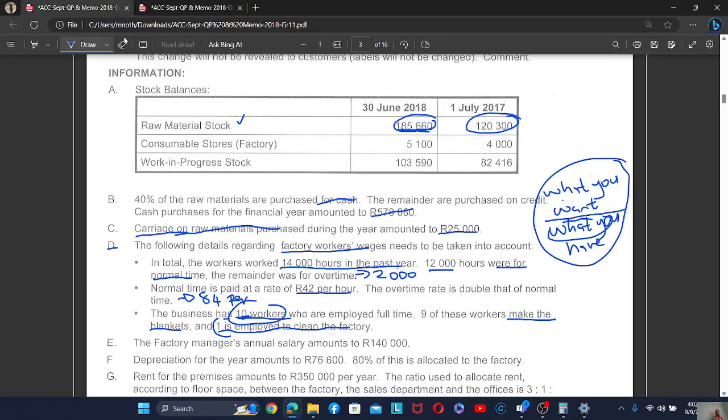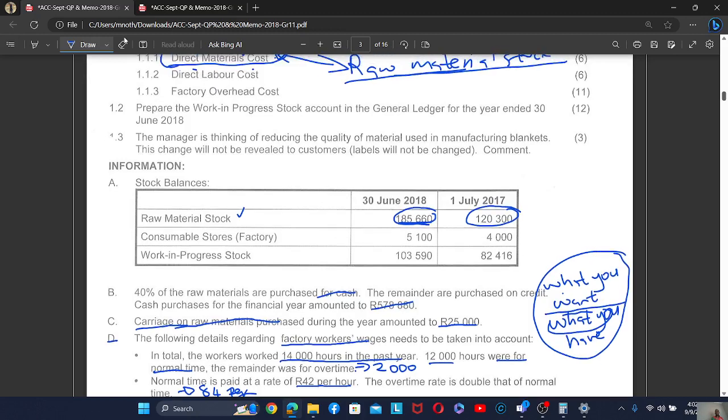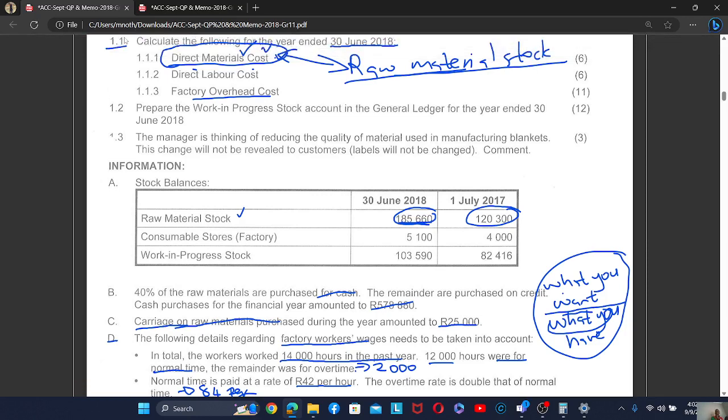So in here, we are looking for the factory overhead cost. Indirect material cost will also go under factory overhead cost, but only the used one. We only record the used one in the factory overheads.